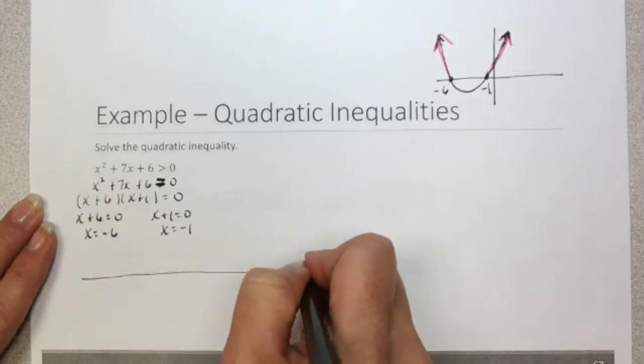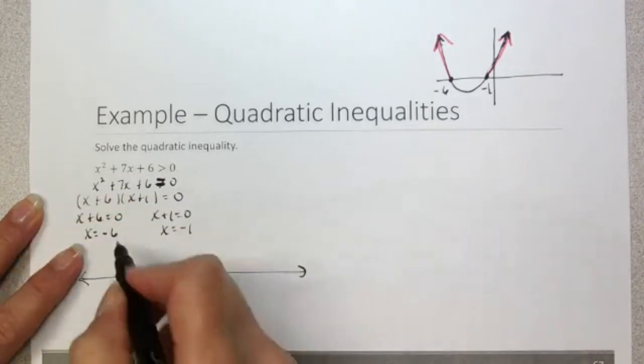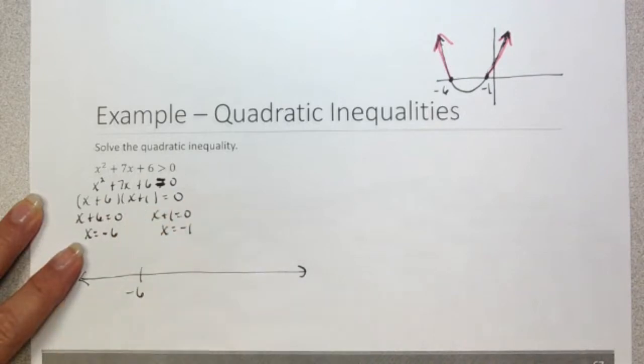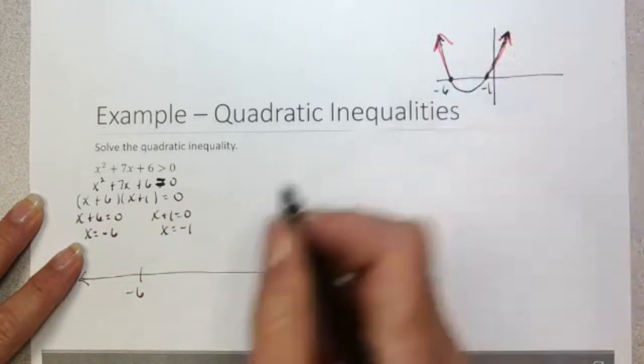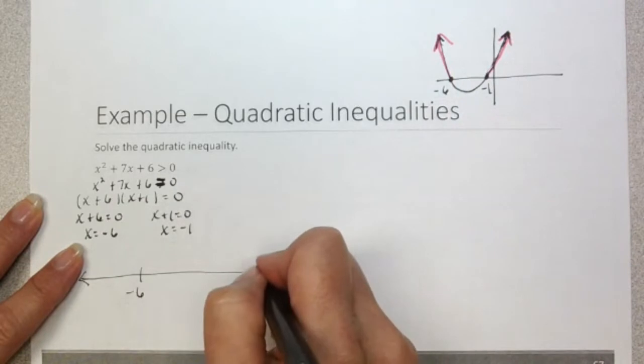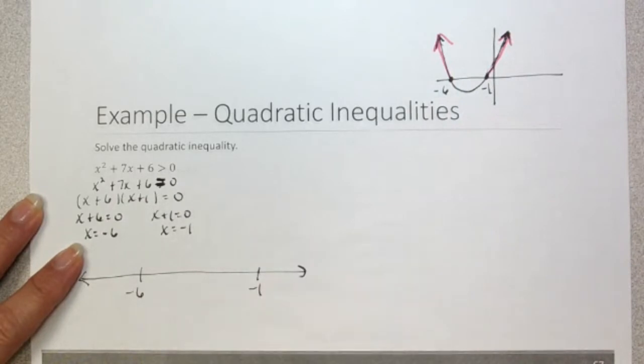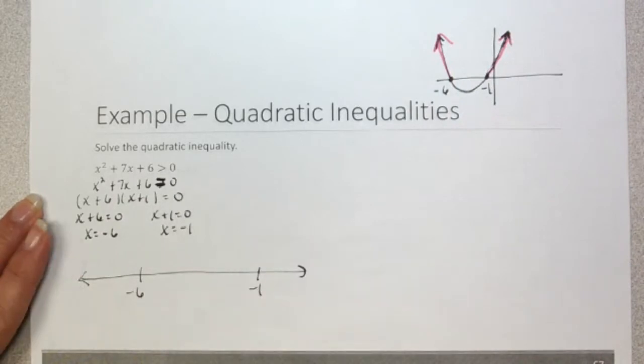So we might make a number line here. We know that at x equals negative 6, the graph intersects the x-axis, and at x equals negative 1, the graph intersects the x-axis. And so what we're doing here is we're dividing this number line up into 3 areas.